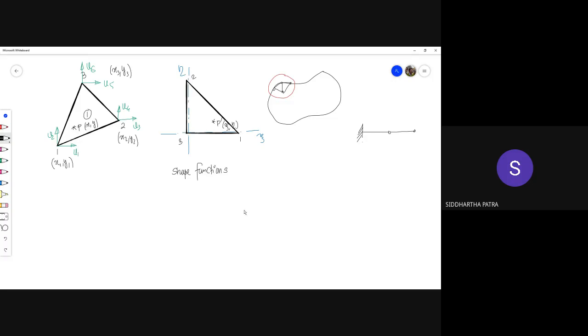Now, there are three nodes, so what we can think of is that there should be three shape functions. Now any interior point within the element, it is also going to be an isoparametric element.